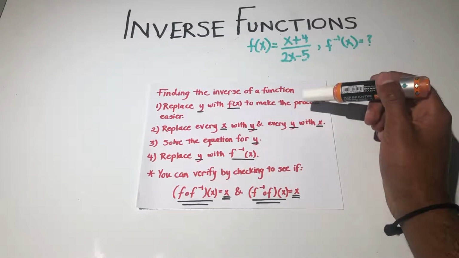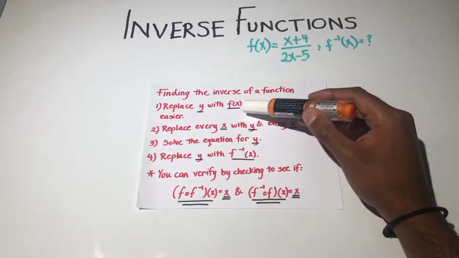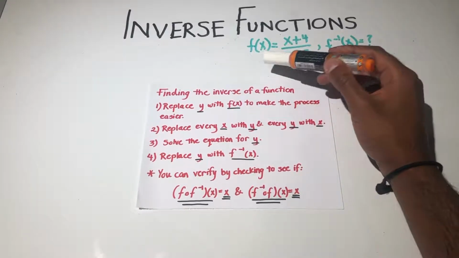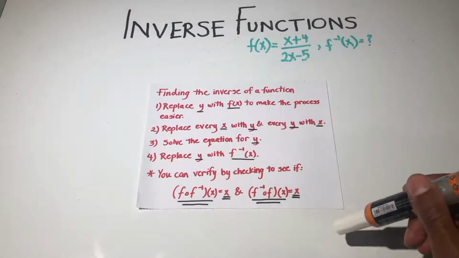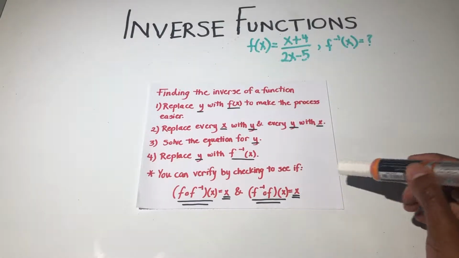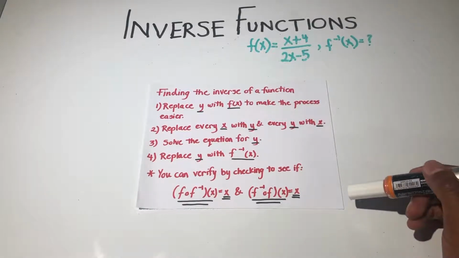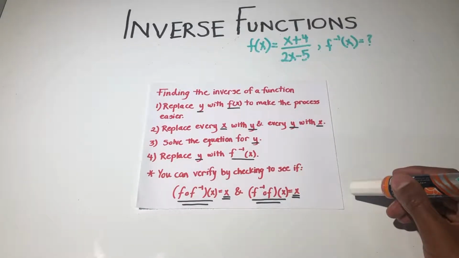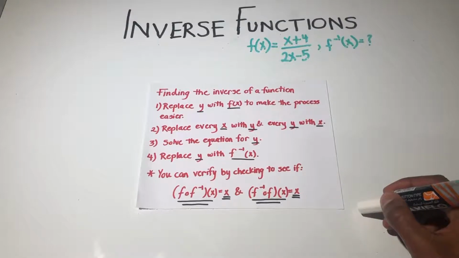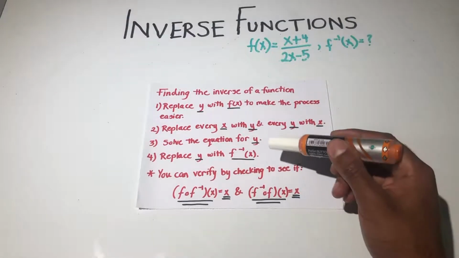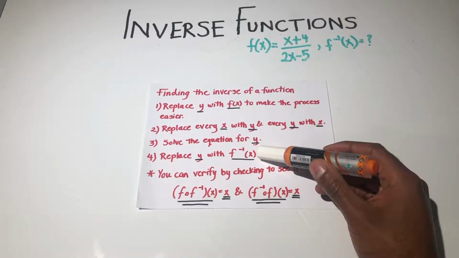So we start by replacing y with f of x, to make the process a little easier. Then what we're going to do is replace every x with y and then every y with x. Then we're going to solve for y, and then replace that y that we found with the notation f inverse of x.